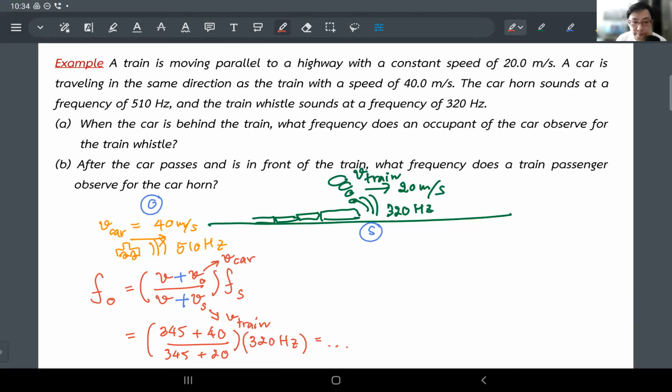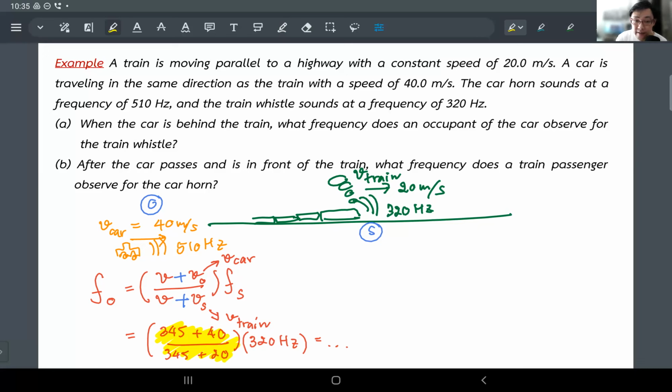Cool. And one thing that I want to emphasize on this one, can you see the final ratio over here? It's larger than 1 because it's plus 40 on top, plus only 20 in the bottom. So actually the final observed frequency will be higher. And that makes sense because the car is actually catching up with the train.